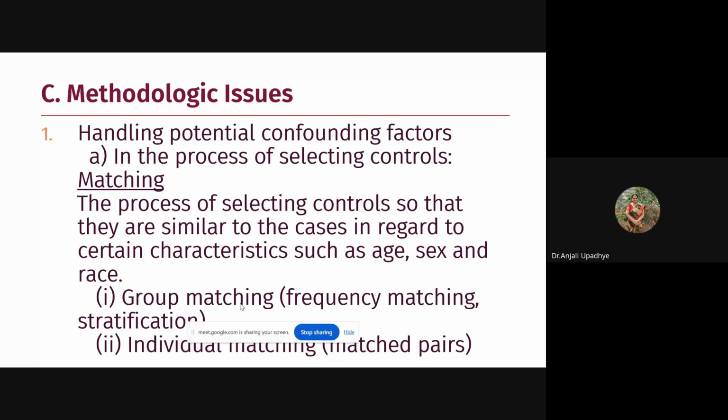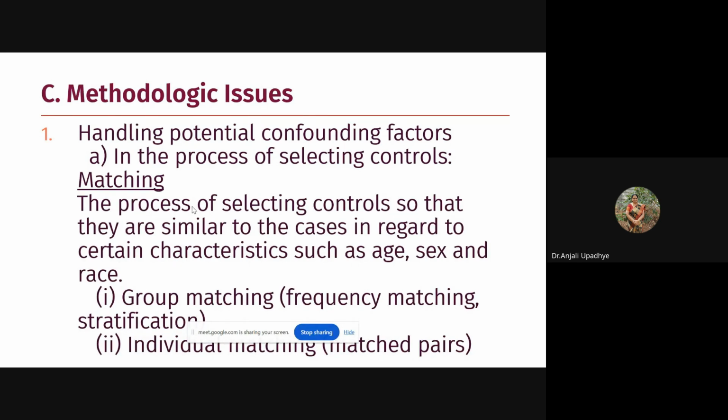Handling the potential confounding factors in the form of matching is very difficult, because whenever we take a very generalized population in any experimental design, it is difficult to do the matching, because certain diseases occur in a certain age group.